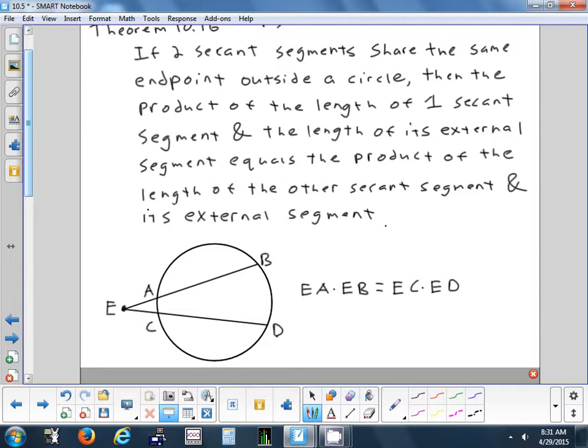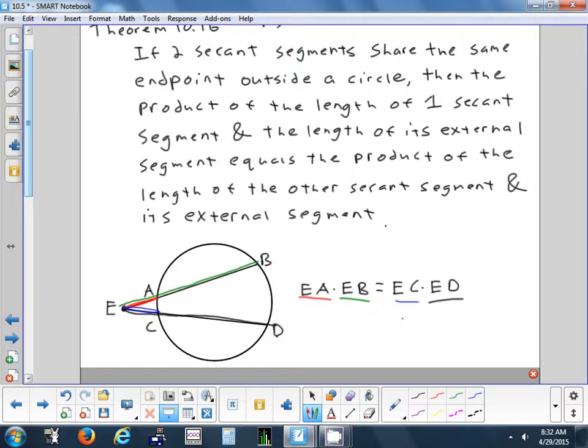For some people, when they look at it, they get a little confused what's what. It might be helpful if you wanted to color code it. So if you take what's in red times what's in green, that's equal to what's in blue times what's in black.